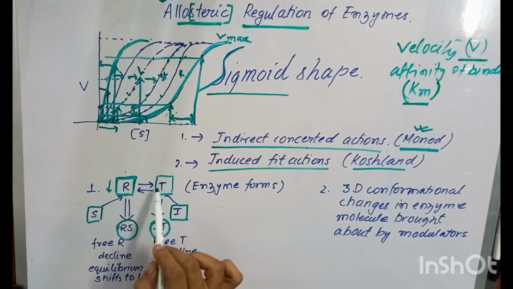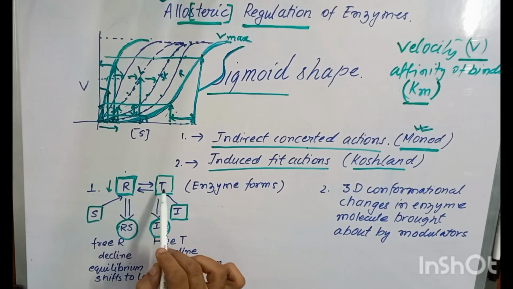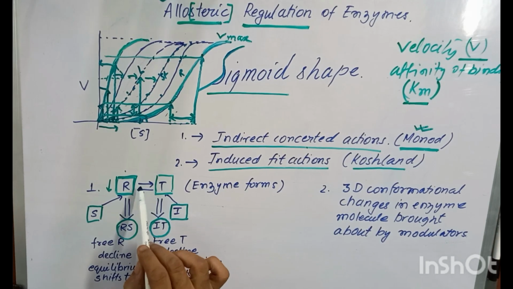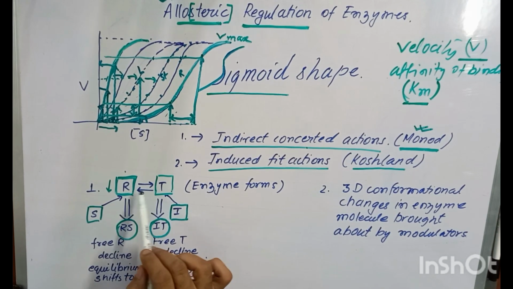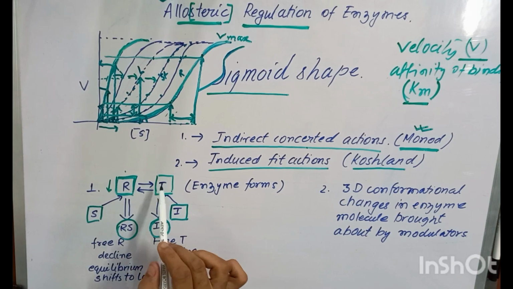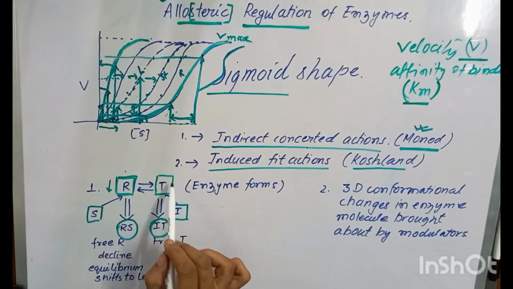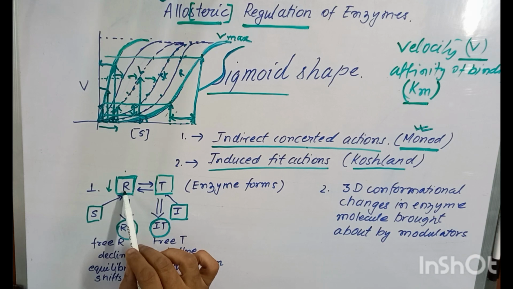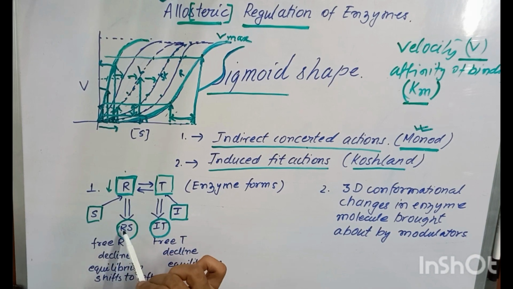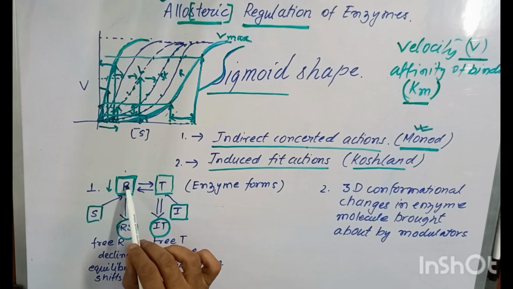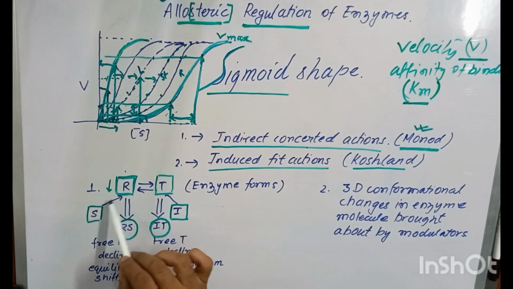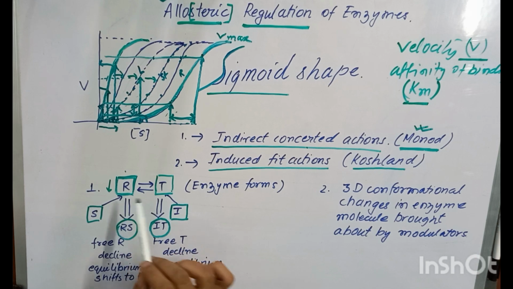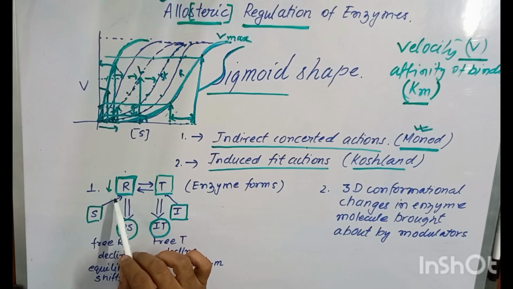These two forms are reversible, so they can change. If the free R form is decreased, the inactive T form gets converted to the R form. So the more substrate binds and forms the RS complex, the more T form gets converted to the R form, and it will help bind more substrate. So there is a positive cooperativity in this way.